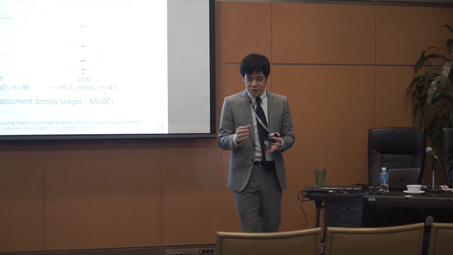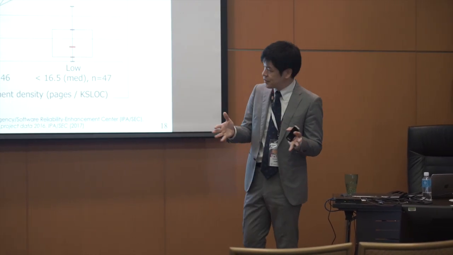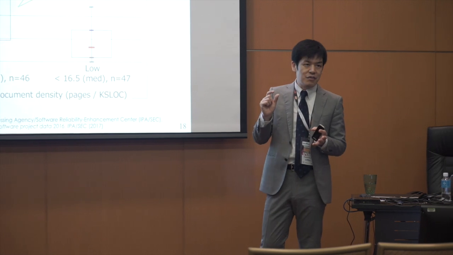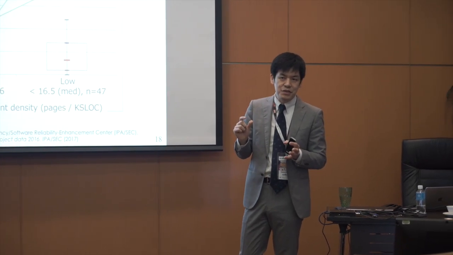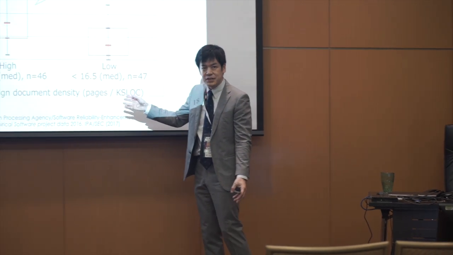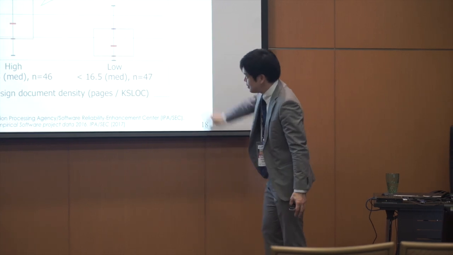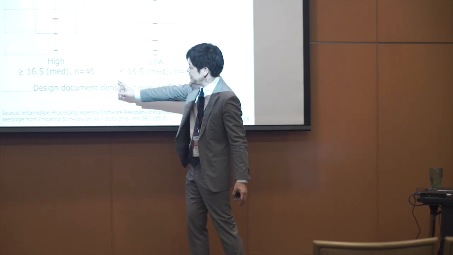For example, if we have 1,000 kilo lines of code of product and 100 pages of design document, then the measure represents 10. The median of the measurement is almost 16.